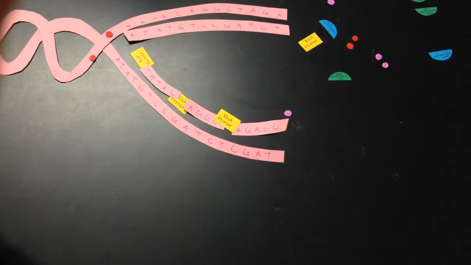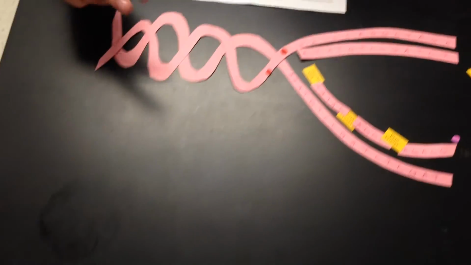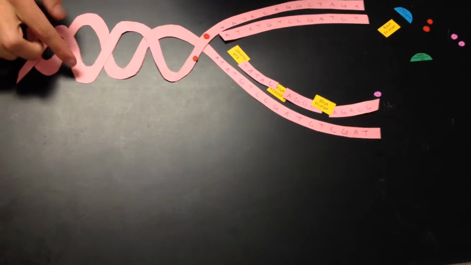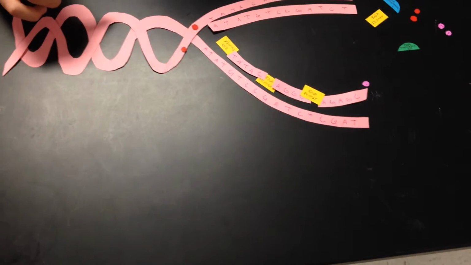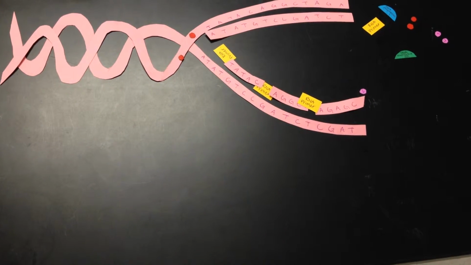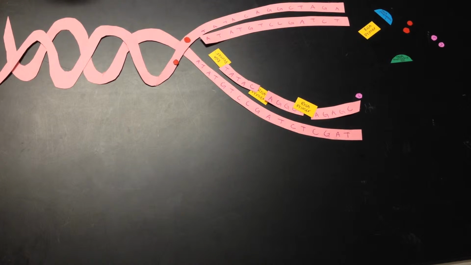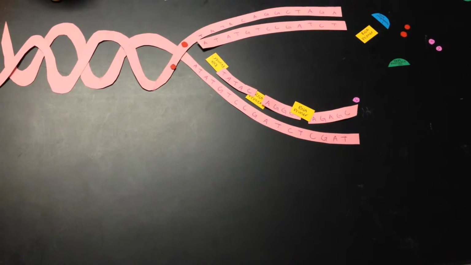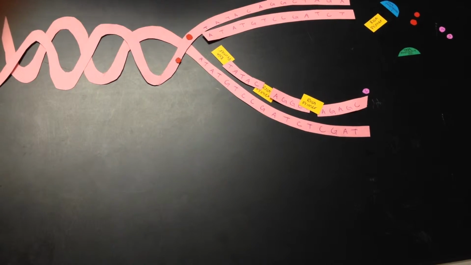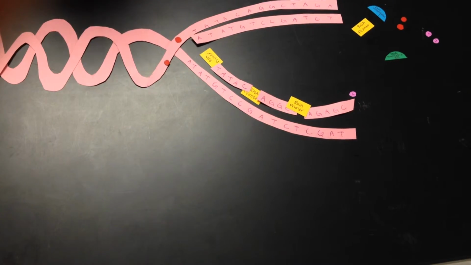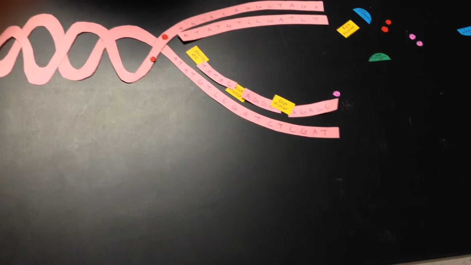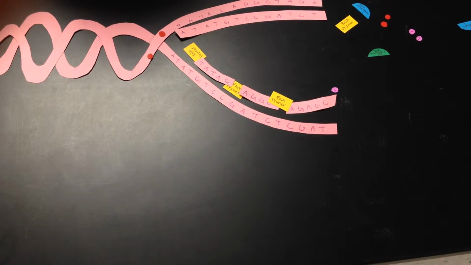And then, like I said before, this is a double helix, just to reiterate. The outside that you see, this pink right here, is the phosphate sugar backbone. Because remember, the monomer, which is the nucleotide, has a sugar and the phosphate on the outside and then a nitrogenous base on the inside, towards the middle.